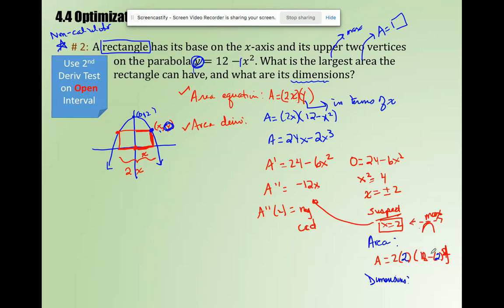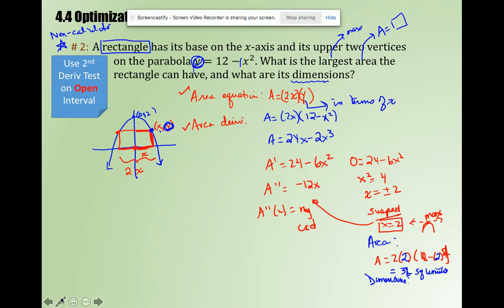Two squared is 4. 12 minus 4 is 8. 8 times 4 is 32. They didn't give me any units, so I don't have to give them units back, but these would be their area, so they would be square units.